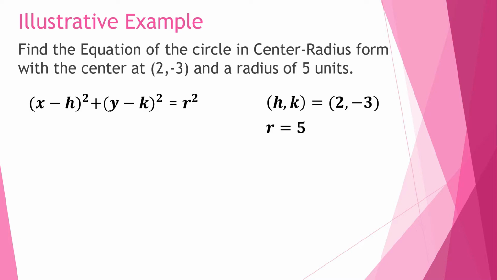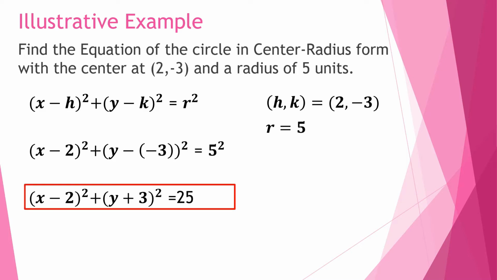Then on our equation, we're just going to replace the h, k, and r. So therefore, we will have x minus 2 squared plus y minus -3 squared equals 5 squared. Replacing h with 2, k with -3, and r with 5. Then simplifying this further, we will have x minus 2 squared plus y plus 3 squared equals 25. Then this will be the equation of a circle in center radius form with the center 2, -3 and a radius of 5.